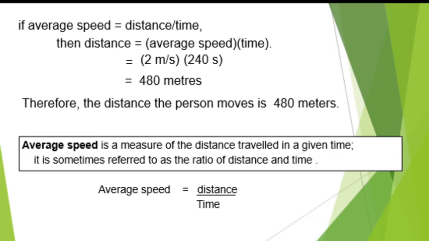Okay, to define, average speed is the measure of the distance traveled in a given time. It is sometimes referred to as the ratio of distance and time, which is average speed equals distance over time.